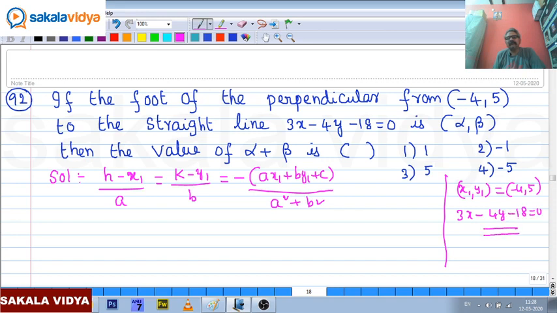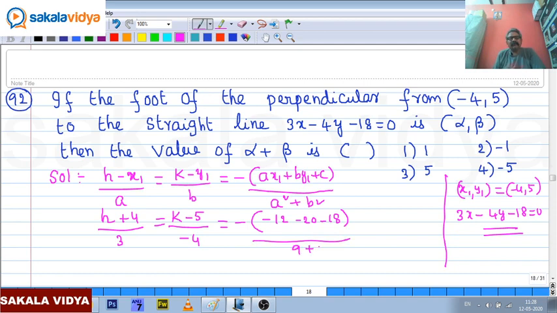This is important. So now (h minus x1), that is (h plus 4) by 3, (k minus 5) by minus 4, equals minus of (3 into minus 4, minus 12; minus 4 into 5, minus 20; and minus 18) upon a square plus b square, 9 plus 16.